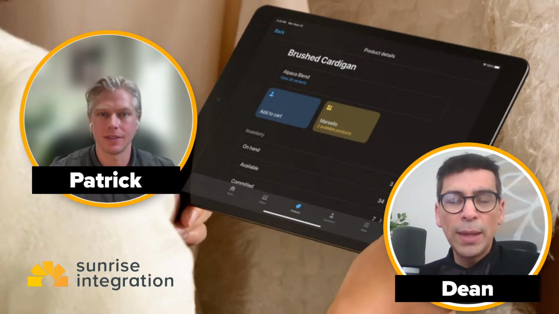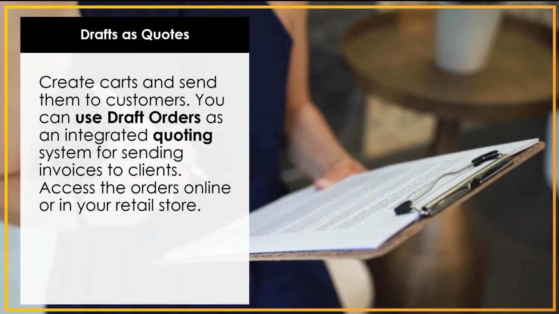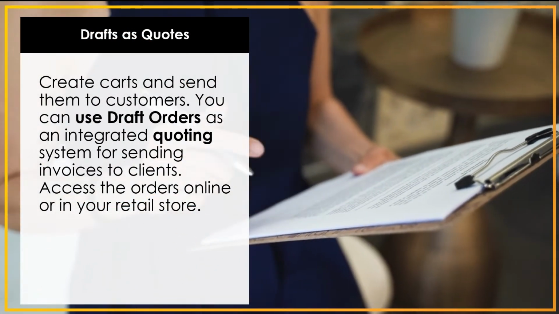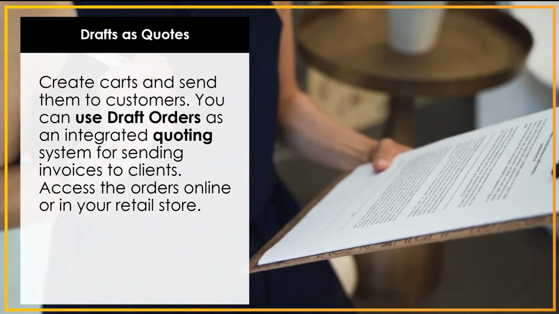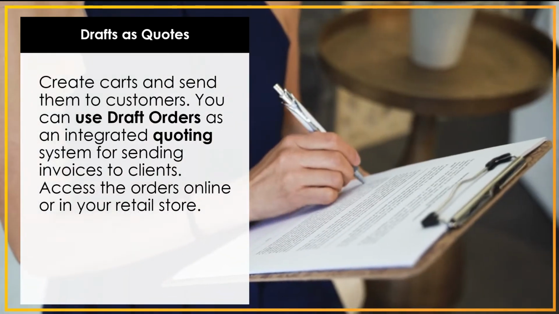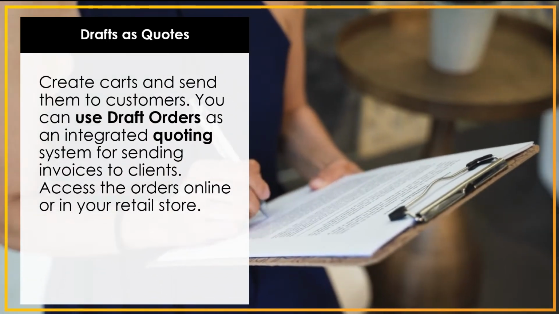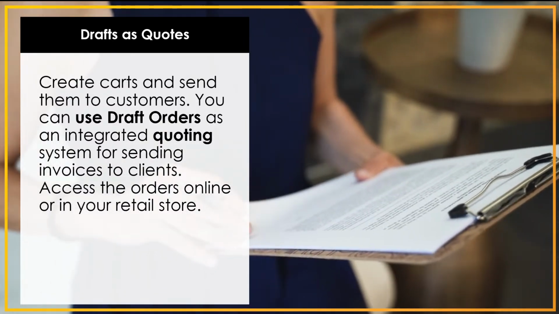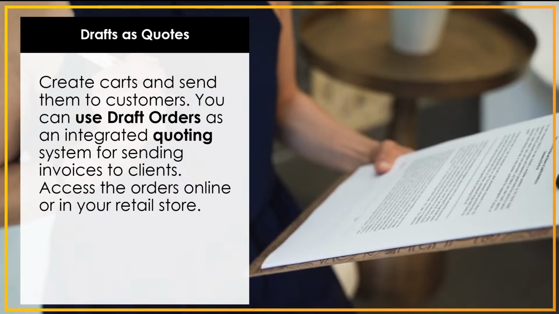Okay, cool. So let's move on then and talk about draft orders. This is definitely something that comes up a lot. We've shown you how you manage orders and how you can create orders. But oftentimes somebody comes into a store and says, can you put an order together for me? But I'm not sure if I want it right away. Maybe they're saying, can you send me this as a quote or an invoice to pay later or something like that.